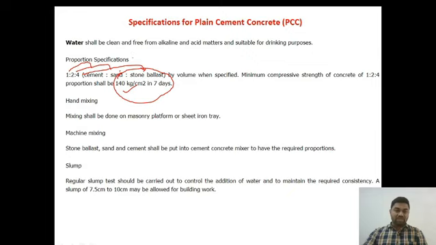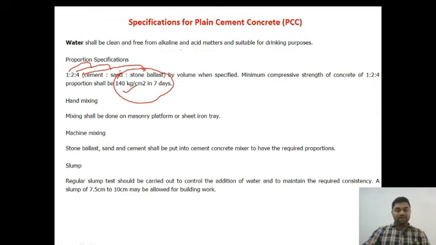Hand mixing. Mixing shall be done on masonry platform or sheet iron tray. Machine mixing. When we are doing machine mixing, stone ballast, sand and cement shall be put into the mixer to have the required proportion. Slump. What is the value of slump? Workability.